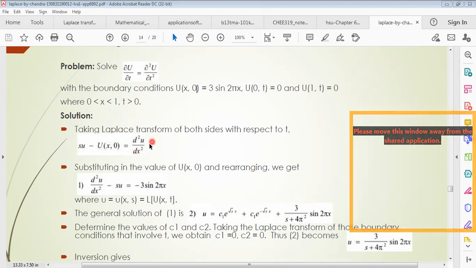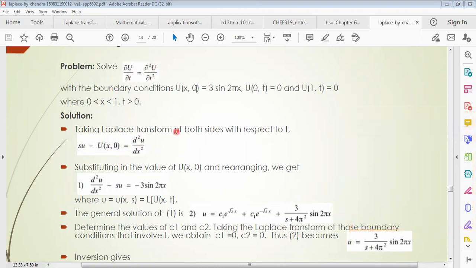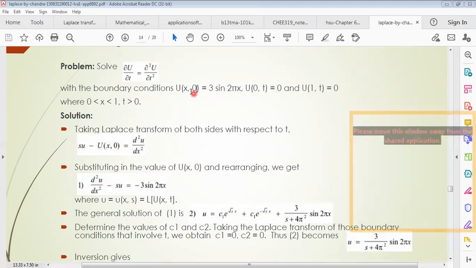So taking the Laplace transform on both sides with respect to t, we get this one from the given partial differential equation. Now substituting the value of u(x, 0), which equals 3 sin 2 pi x as the given condition, and rearranging we get d squared u by dx squared minus s u equals 3 sin 2 pi x, where u is a function of x, s.